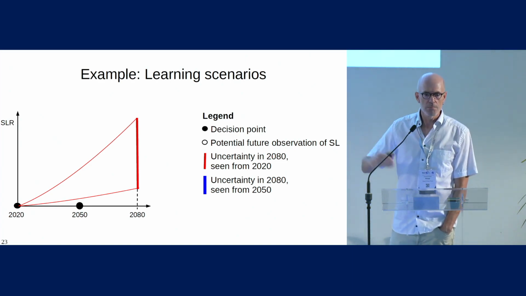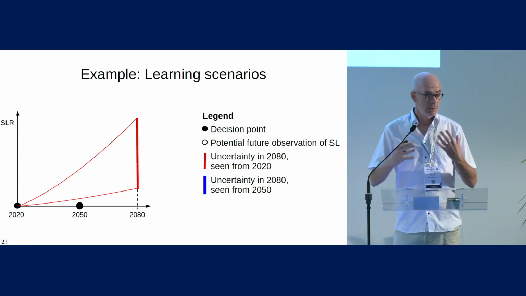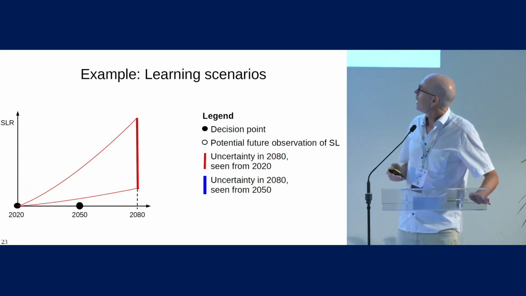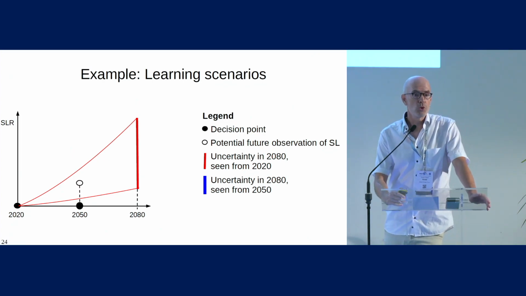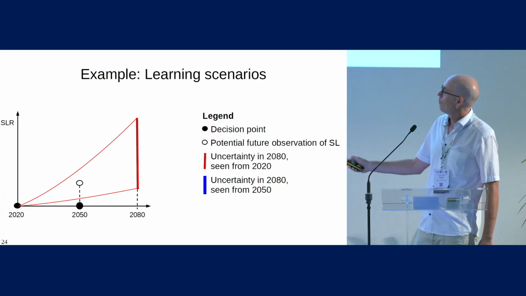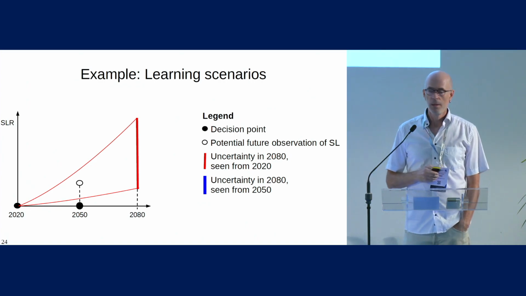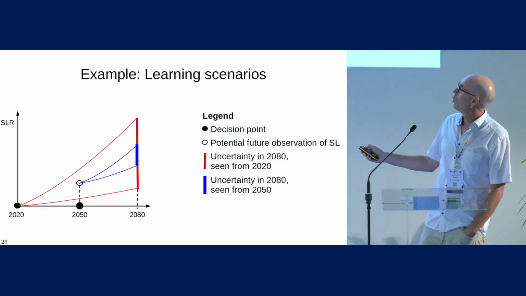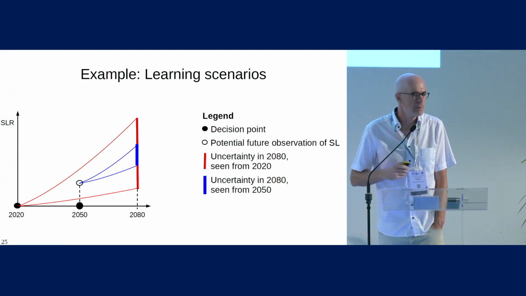We have decision points, we upgrade dikes in the future, we build flexibility into today's world, and hence we also need to know future projections of sea level rise, in the sense that I might observe a certain amount of sea level rise in 2050, and I need to know, starting from 2050, what is the likely range for 2080? That's missing. We don't have that.